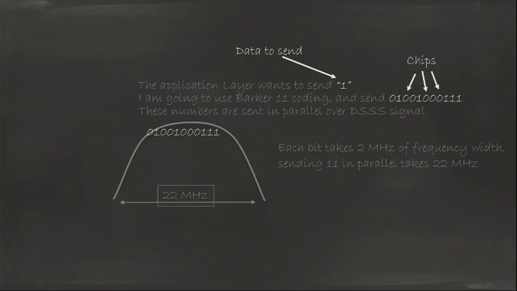When we talk about a chip, it's still a 0 or a 1, but instead of being the 0 or the 1 you want to send, it's part of the representation of what you want to send. So we have 11 chips in the Barker 11 coding. And all that thing together, the entire sequence of 11, is called a symbol. So we are sending a symbol of 11 chips, and altogether they represent the 1, the data you want to send.